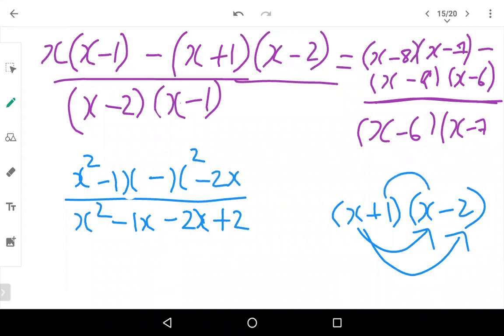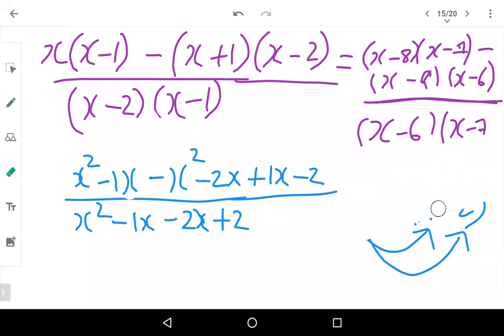Then 1 into x is plus 1x. Both are plus, right? So 1 into x is plus 1x. 1 into minus 2 is minus 2. Understood till here? Yeah, correct. Any doubts till here?